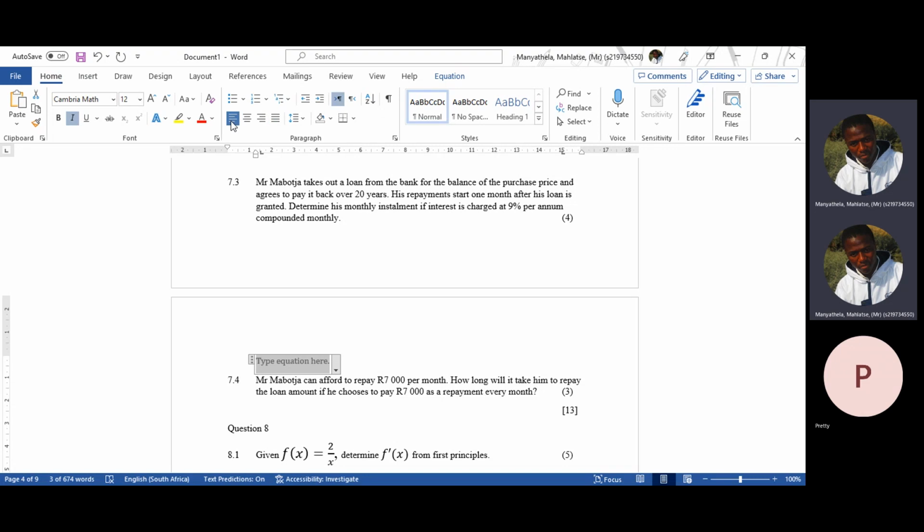So let me quickly write down this formula for present value.